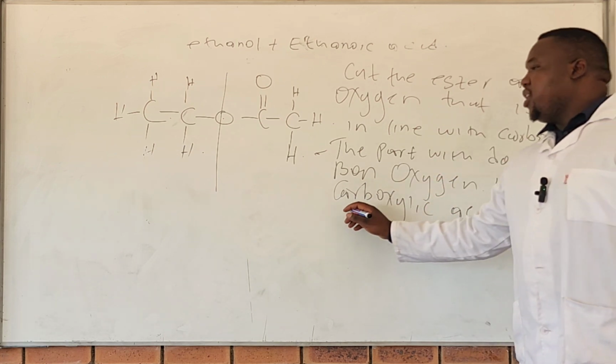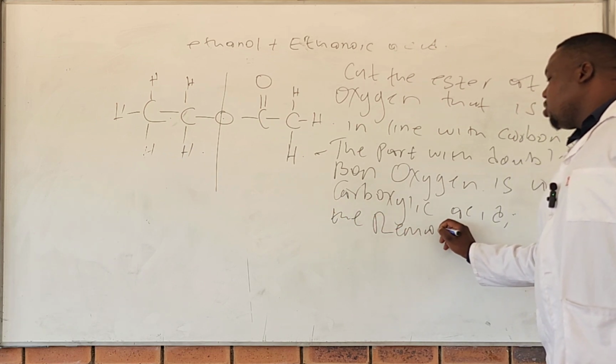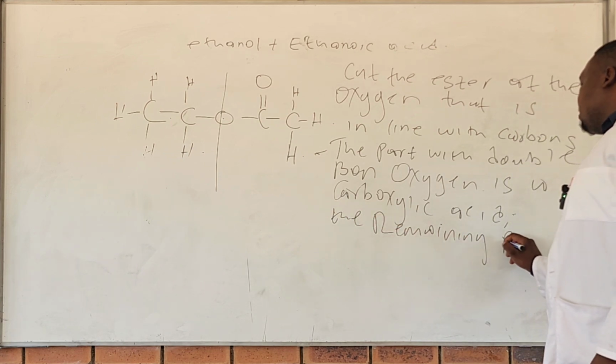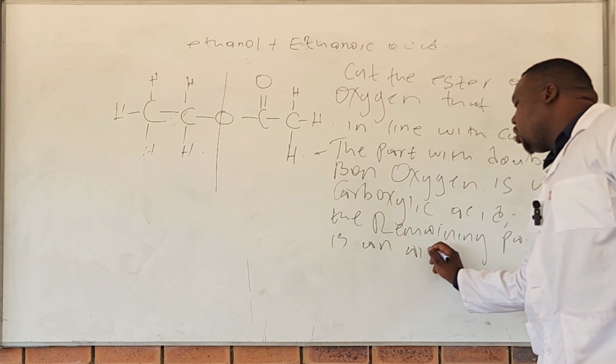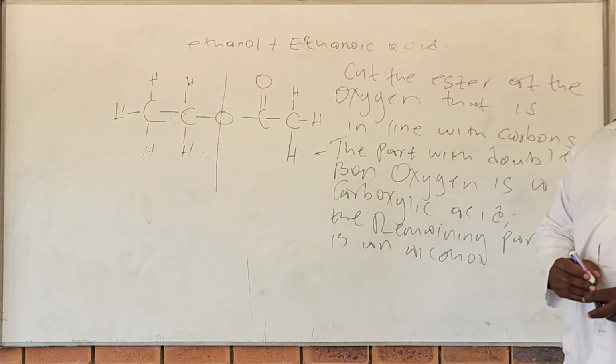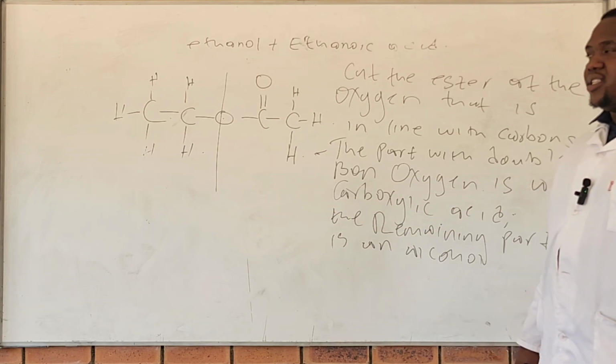What does that mean? It means the remaining part is an alcohol. By doing this, you'll never miss. You will even know the type of alcohol and carboxylic acid that was used.